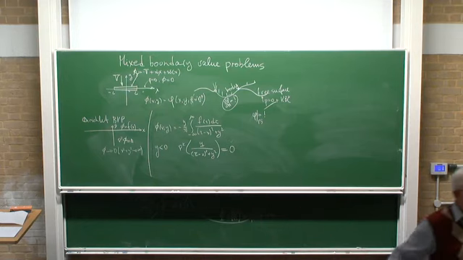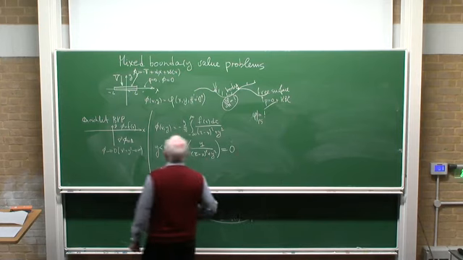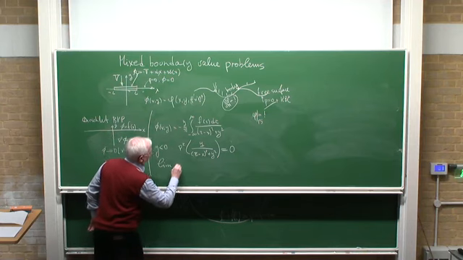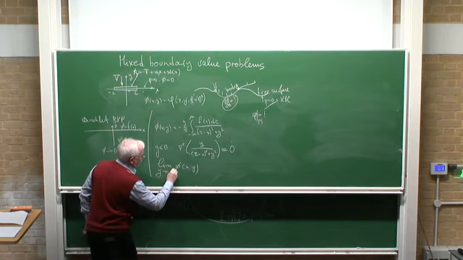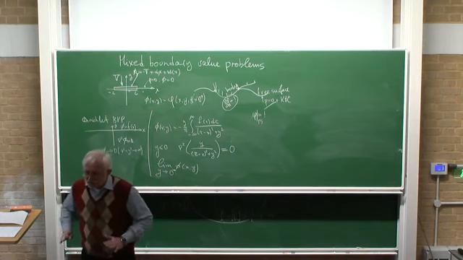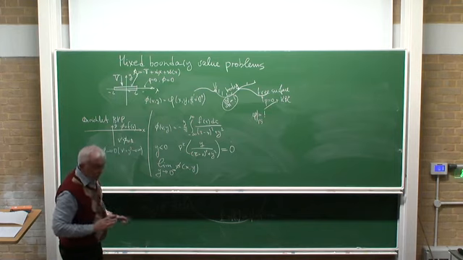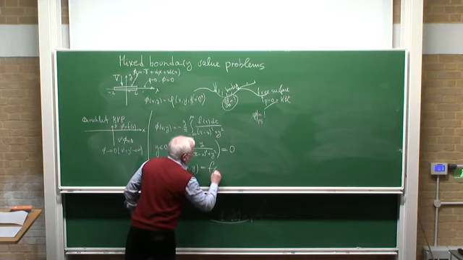It takes half a page, but it's okay. Then the big problem is to show that the limit of phi x, y as y tends to 0 minus, which means that we approach the boundary from below, from the region, is equal to f of x.